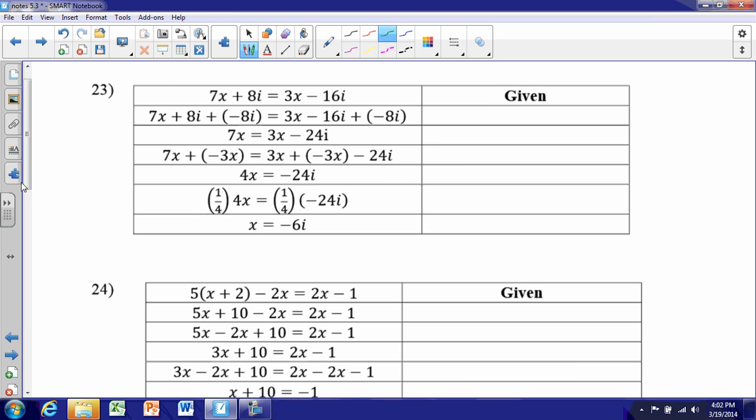So if I take the given and I look carefully at the next step, it looks like I added the same number on both sides. So that's the additive property of equality. Even though it was negative, we added the negative. Then it looks like I simplified, so that would be substitution.